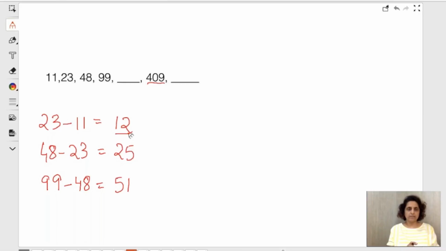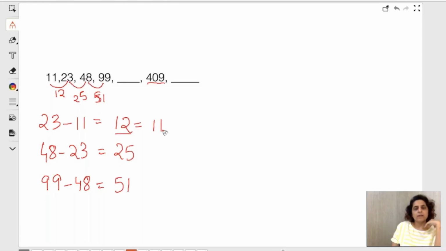Okay. Now, let's look at the differences. The difference between these two is 12. The difference between these two is 25. The difference between these two is 51. What we can make out from these differences is that 12 is nothing but 11 plus 1. Here we had this number 11, 11 plus 1, that is 12.